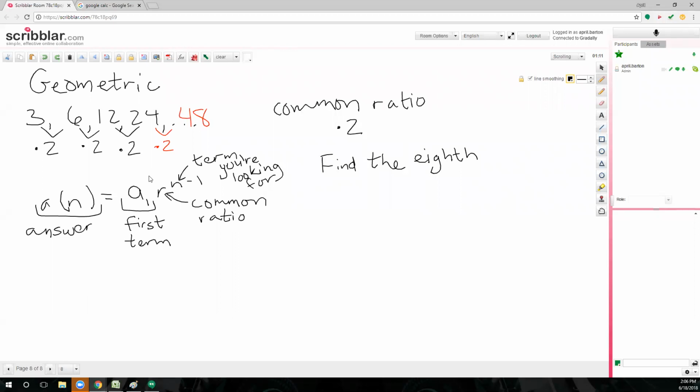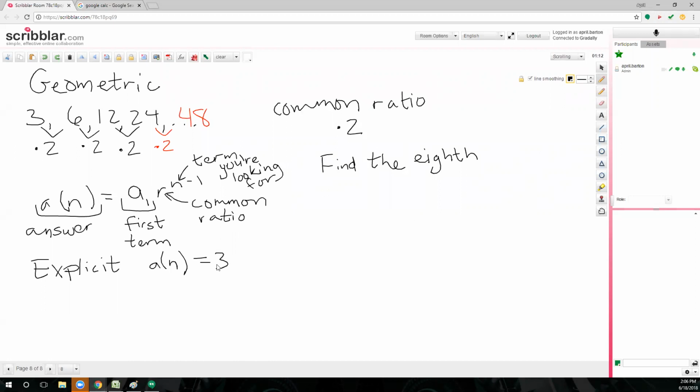So, if we want the explicit formula, we plug in the first term and the common ratio. So what's our first term on our list? 3.